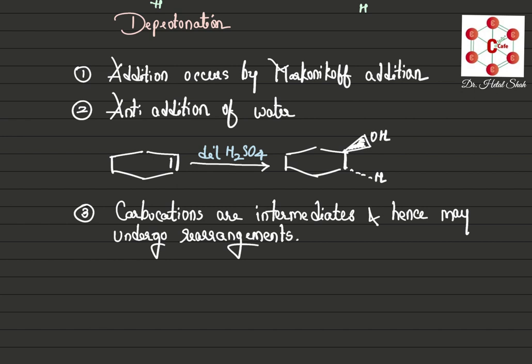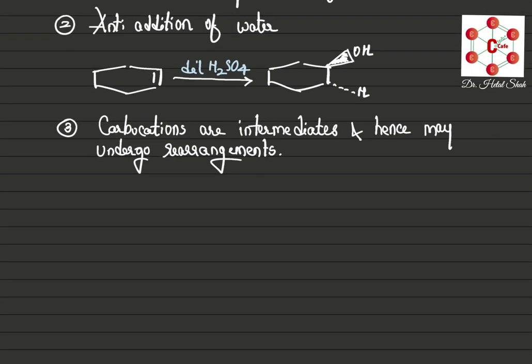Very important, right? So there's something which you have to know here. I'm going to now show you an example where you have rearrangement taking place. Pay attention. Let us take up a substrate like this.